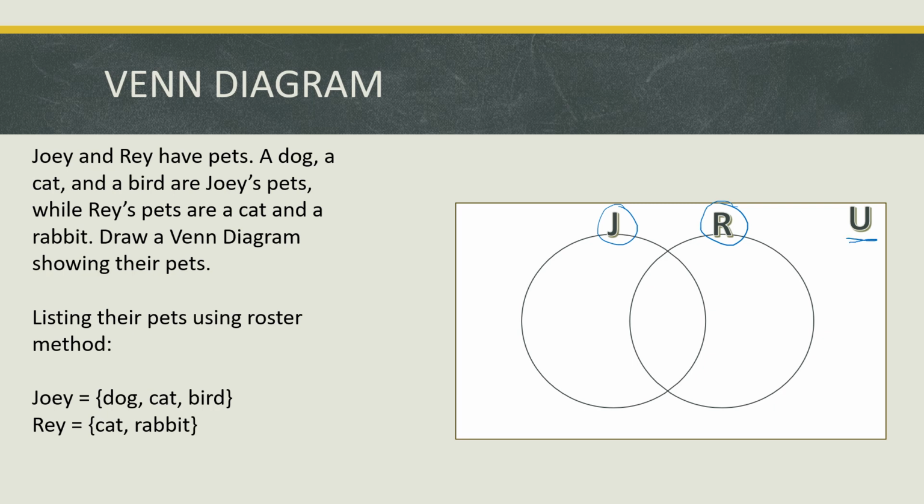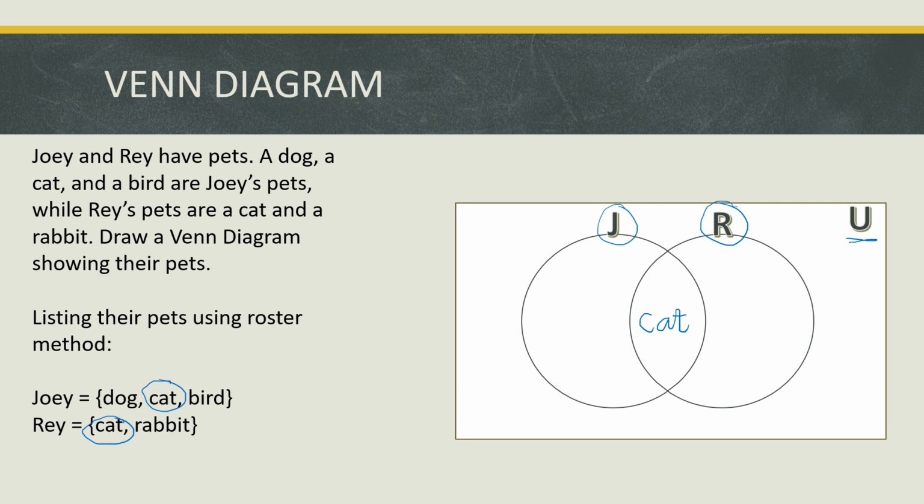The first thing that we need to do is to check the pets they have in common, which is the cat, where we will write it on the middle part of their circles.